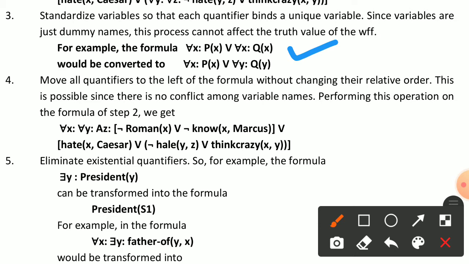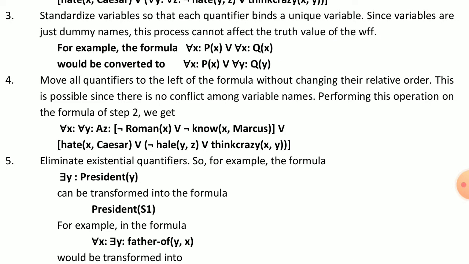Now step number 4: move all quantifiers to the left of the formula without changing their relative order. This is possible since there is no conflict among variable names. And we perform this operation on the formula of step number 2. Now we can make the formula without changing the variable order.